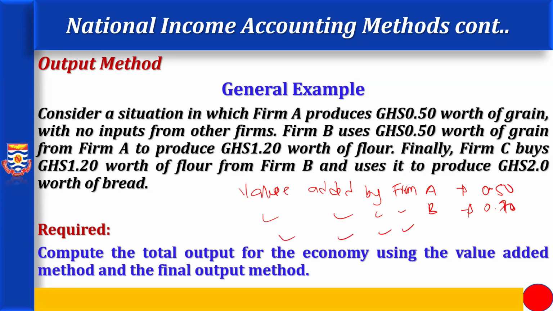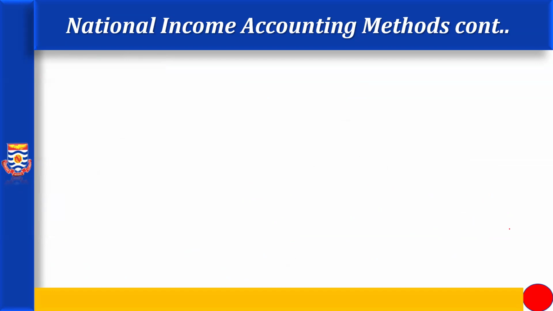Then value added by firm C, who got the 1 cedi 20 pesos and made 2 cedis, so his is 80 pesos. So in total, we are going to have 2 cedis. The examples can go on and on, but the idea is that we sum it up at every stage of production.